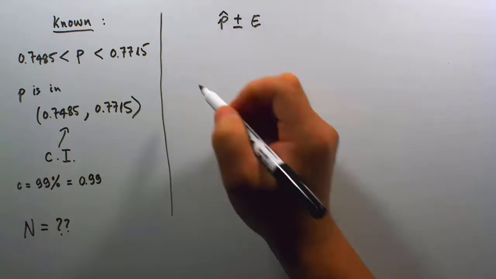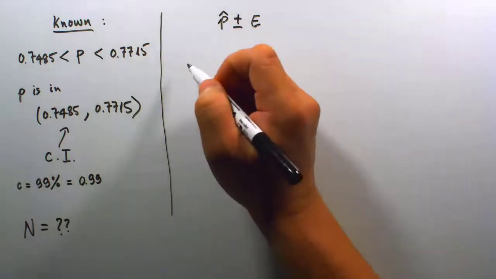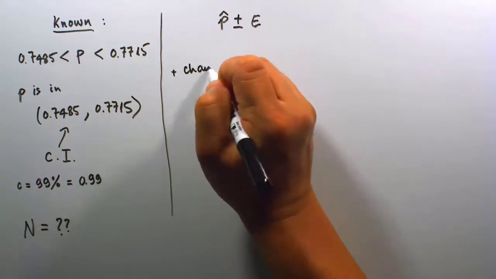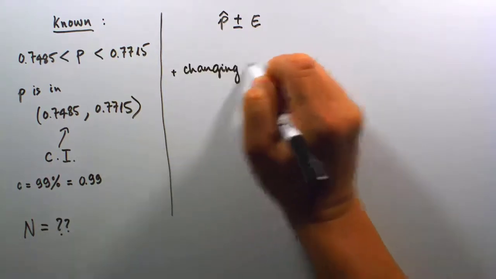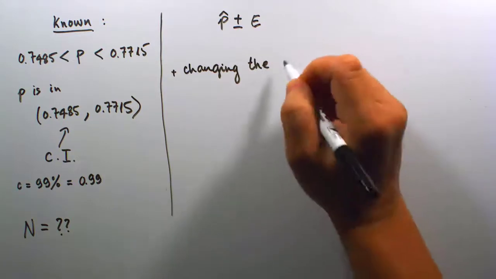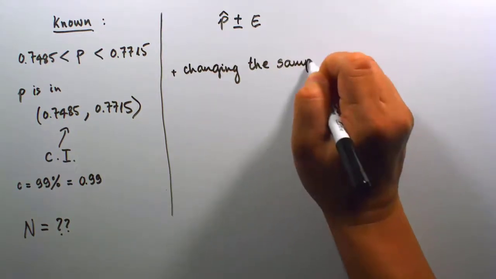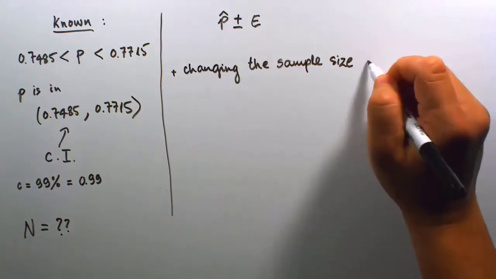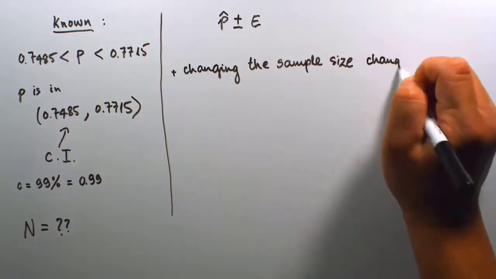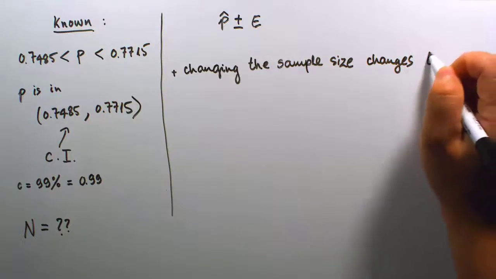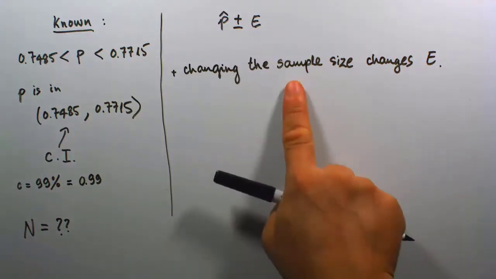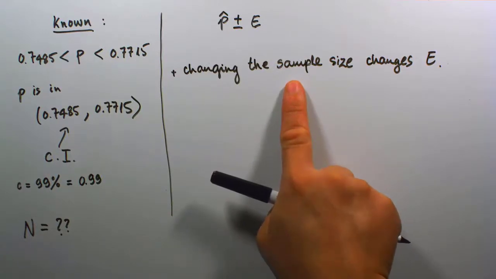We've learned from experience doing past examples that changing the sample size changes the margin of error. This is one quite important understanding that we have drawn through past examples.